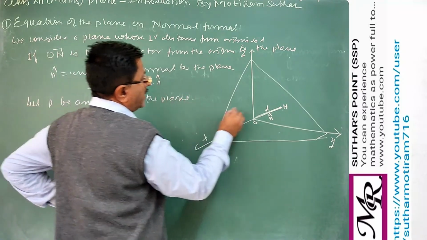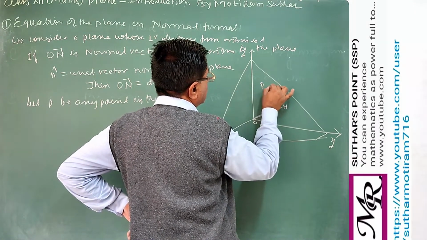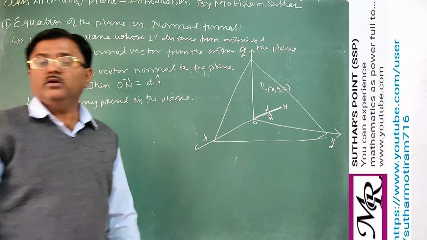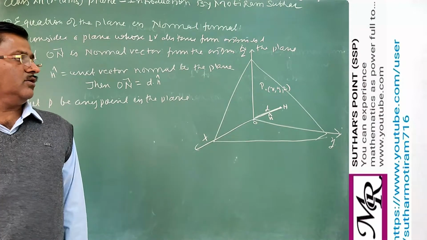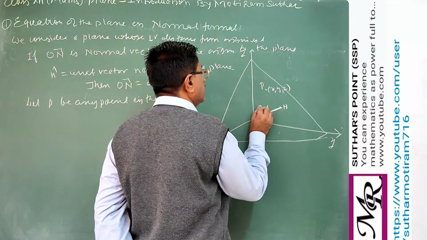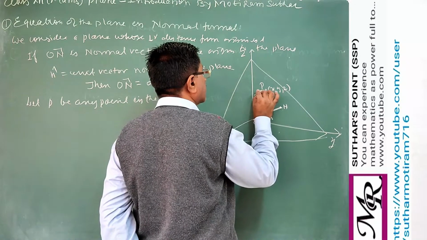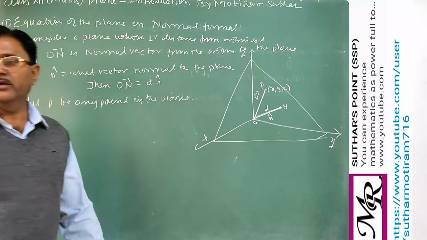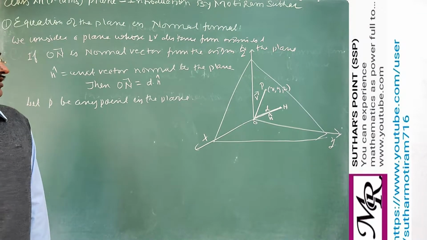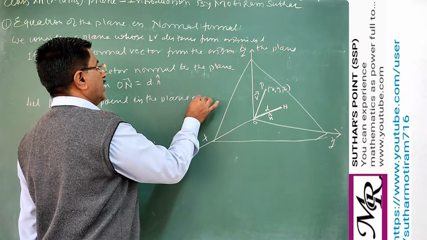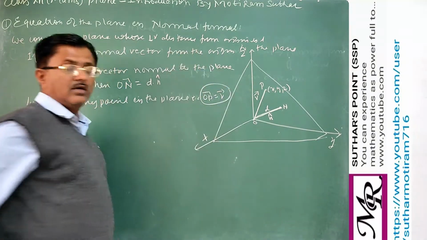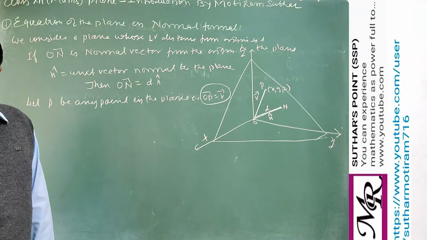In coordinate geometry we are given the coordinates of the point P, but in vector algebra we are given that its position vector is r. So vector OP equals vector r. This we are supposing. Correct?